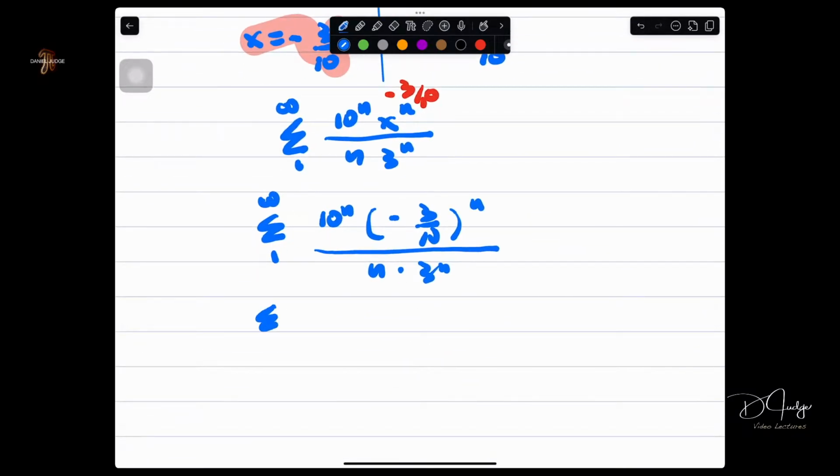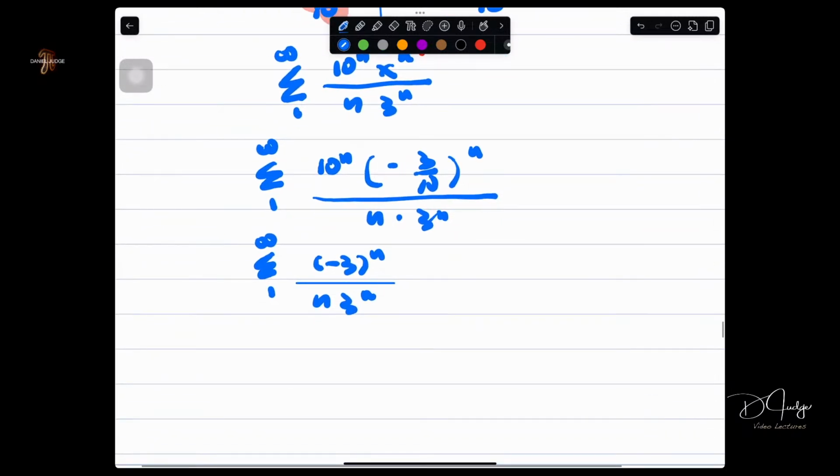Using some algebra, you get -3 to the n over n times 3 to the n, and -3 to the n is actually -1 to the n times 3 to the n.